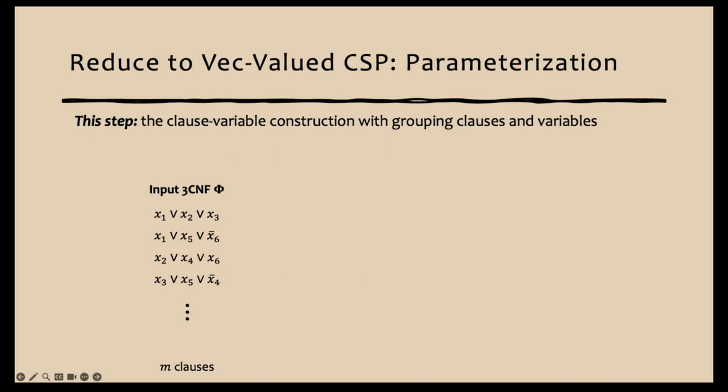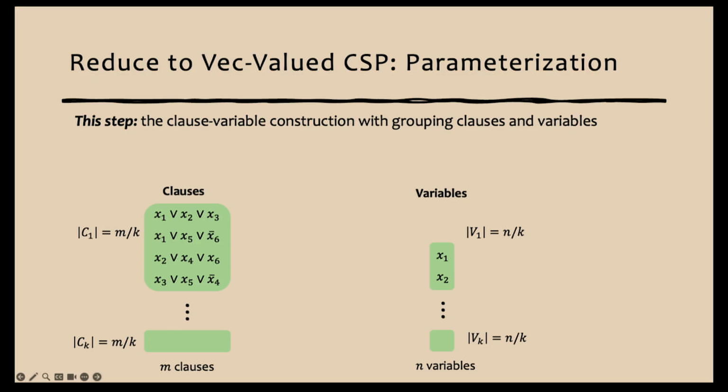First, we will go into some details on how to reduce the 3-SAT formula to vector-valued CSP. We first do parameterization. Assume there is a 3CNF formula phi with m clauses and n variables. We apply the constraint-variable check to the instance, and we group the clauses and the variables into k groups. Each clause group has m over k clauses, and each variable group has n over k variables.